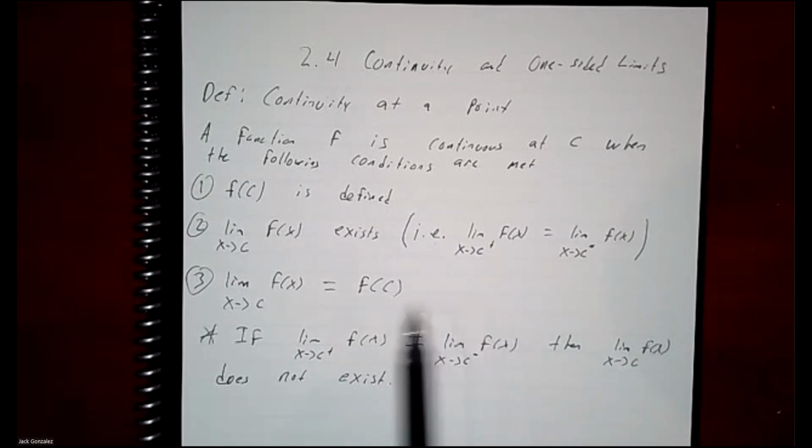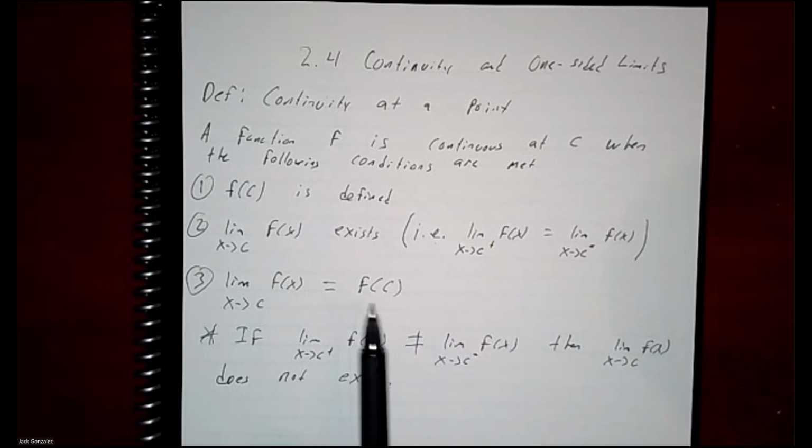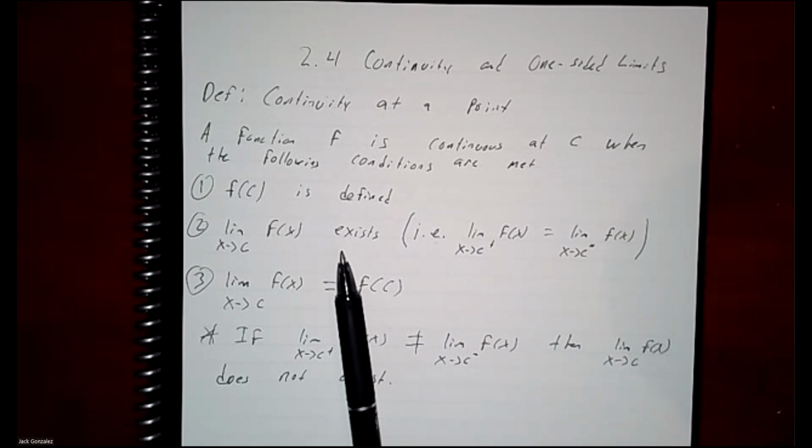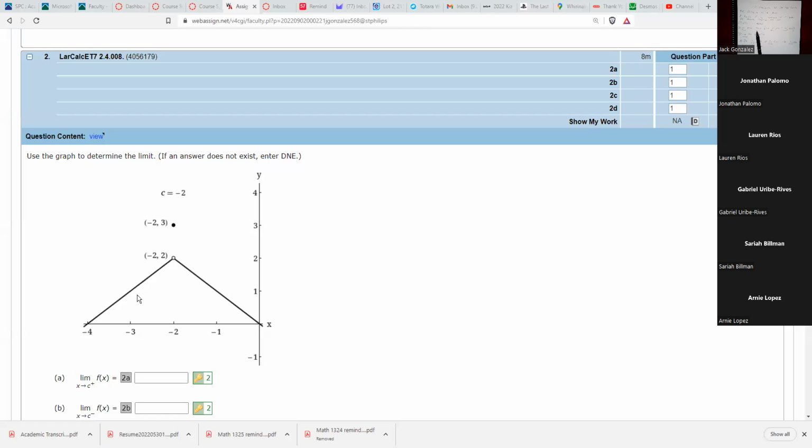But now we have to find out, is the limit the same as the functional value? What was the limit? The limit was 2, right? And then we said the functional value is up here, which is 3.